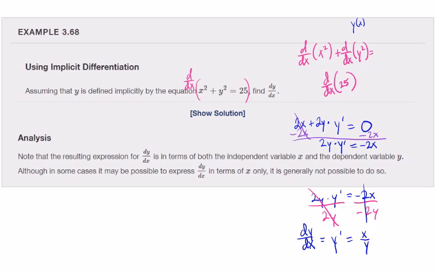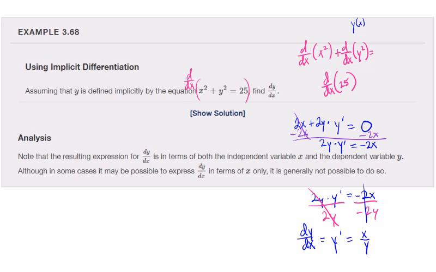Here's another difference: now we have a derivative, a dy dx, that is in terms of two variables. So if we want to evaluate this at a given point, we have to know not only the x but the y, right? It's not just plugging in a value for x. We have to plug in a value for x and y if we want to find the slope at a given point, or the tangent line, or the instantaneous rate of change at a given point.